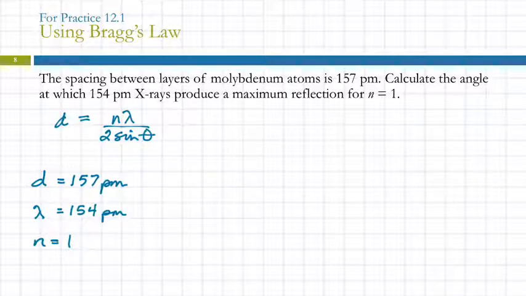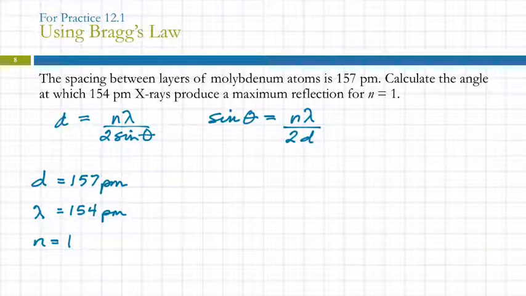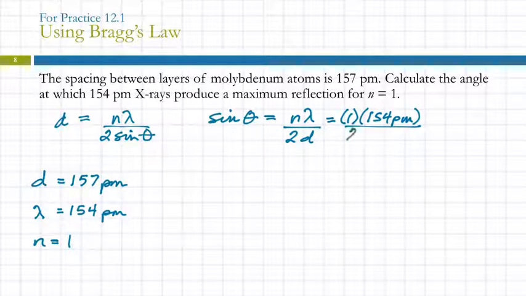So we could rearrange this and get the sine of theta is equal to n lambda over 2 times d. We have n, lambda, and d, so we can get a number for that. So n is 1, lambda is 154 picometers, 2 is 2, and d is 157 picometers.